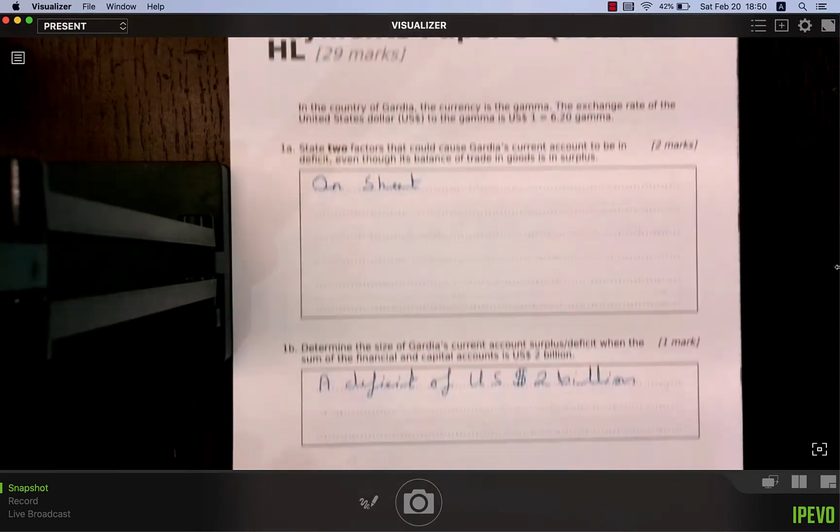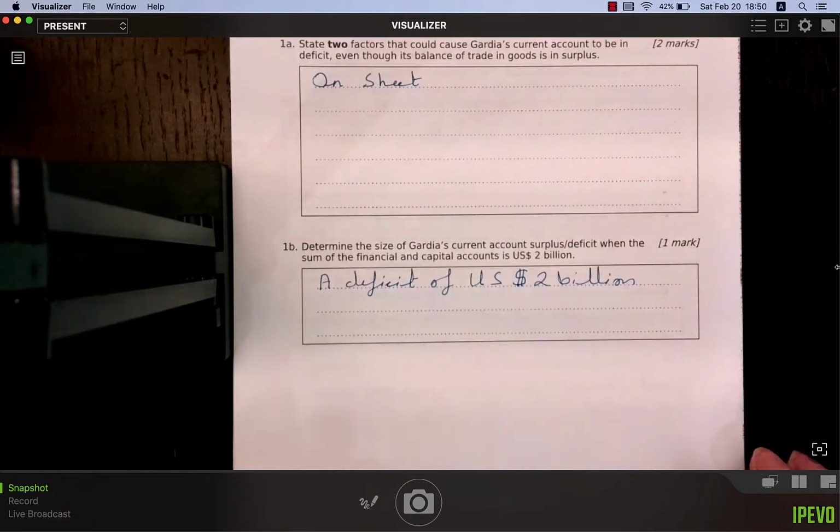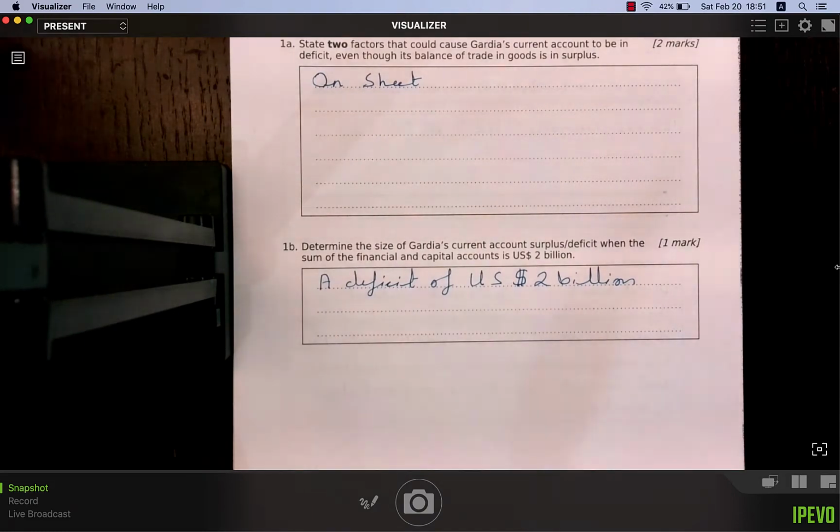Okay, so the next one is: determine the size of Guardia's current account, and is it surplus or deficit, when the sum of the financial and capital accounts is 2 billion surplus? It's a plus answer, so it's in surplus. Well, what you need to know is that the current account equals the opposite of the financial and capital accounts added together, with, of course, net errors and omissions.